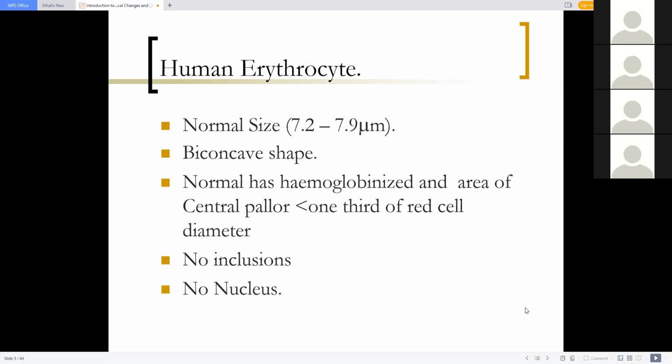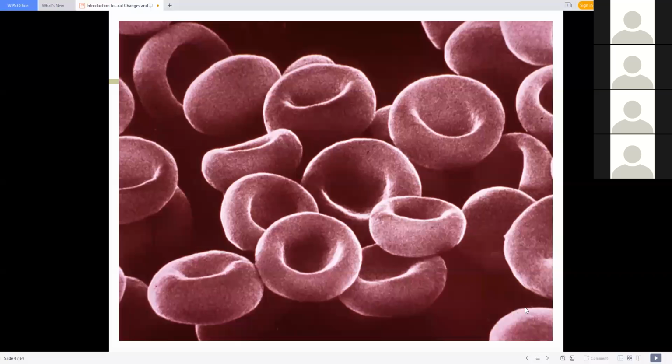I think you've seen this picture of the red cell. It looks like a really beautiful cell, like a donut with a biconcave shape. And remember, you've already done the structure of the red cell. You know that it is very flexible.